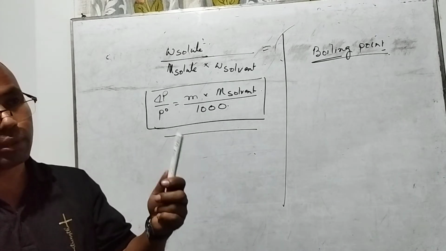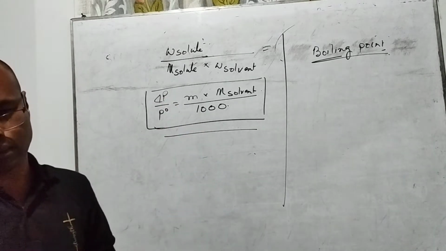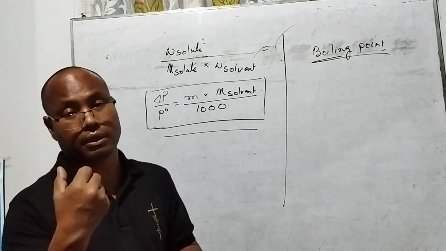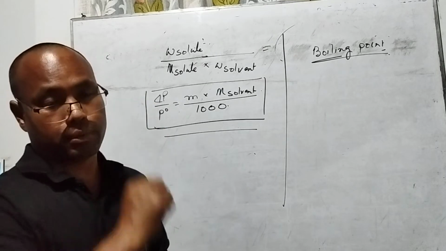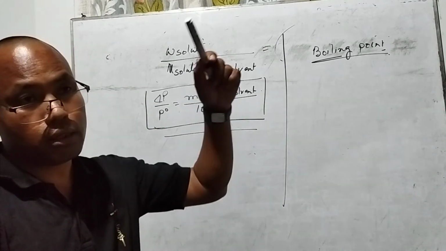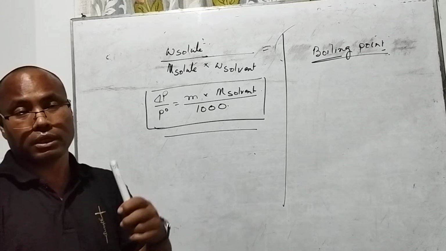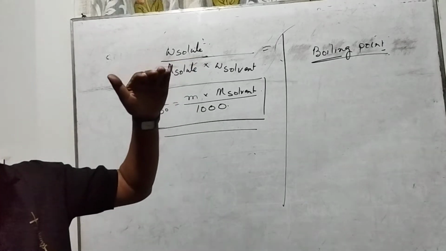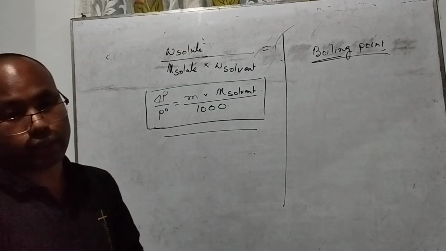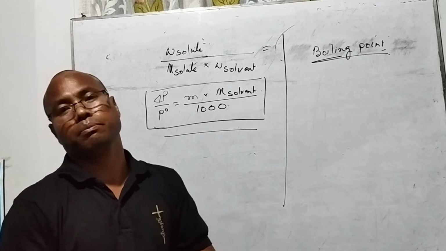If the atmospheric pressure is very low, the liquid can easily vaporize. That means the liquid has a very high vapor pressure at low atmospheric pressure. At high atmospheric pressure, the liquid should have a very low vapor pressure.